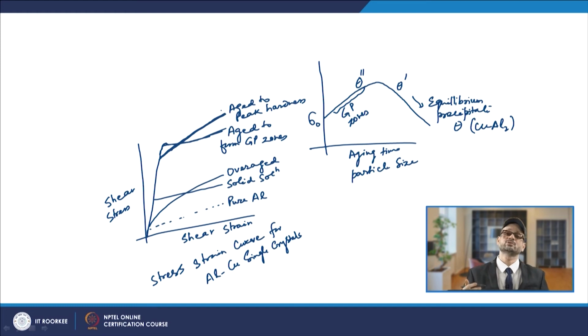Now comes the situation where you are doing further aging, and then you come to the overaged condition. In the overaged condition, this graph goes like this. Again your strain hardening rate is high, but the particles become non-coherent and rather coarse.